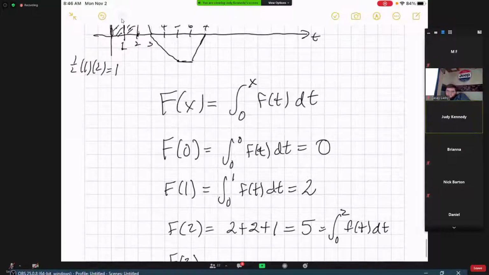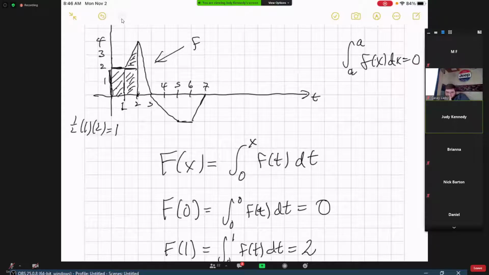Let's see, f of 3. Well, you've got another triangle here, right? This is a straight line, so I need the area of that triangle, which would be 1/2 base times height. Base is 1. The height would be 4, because that's a 4 right there.